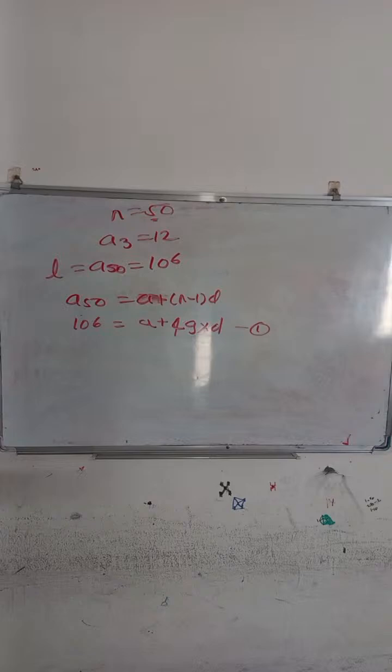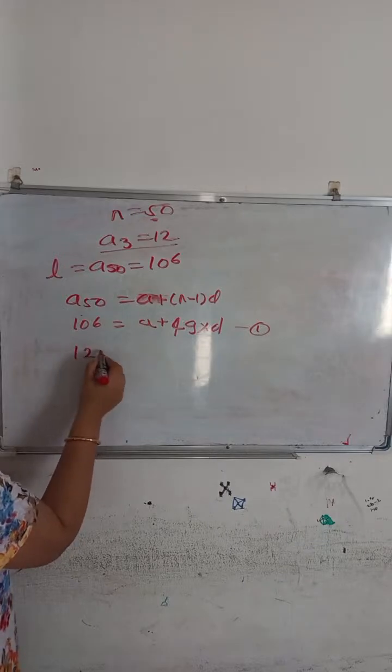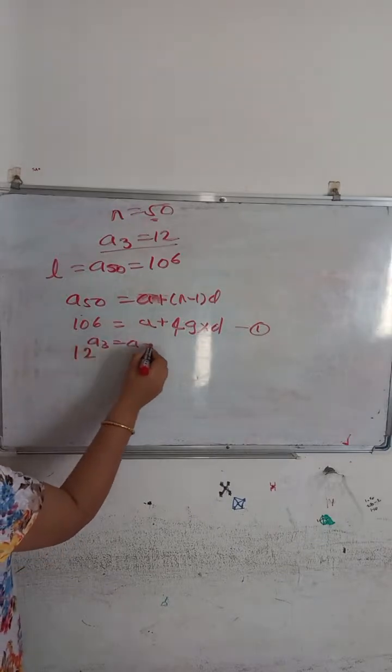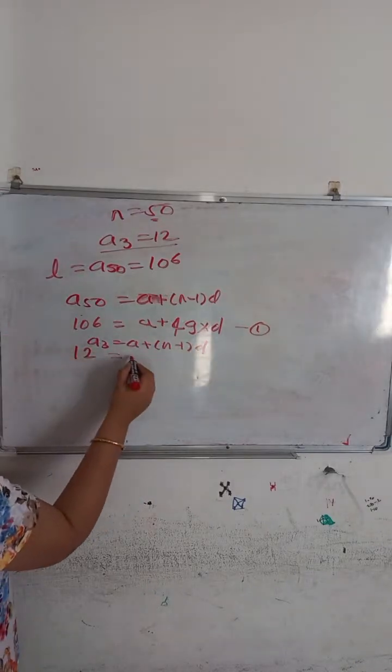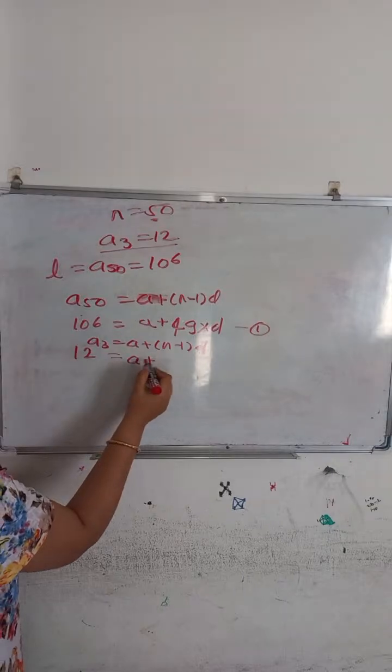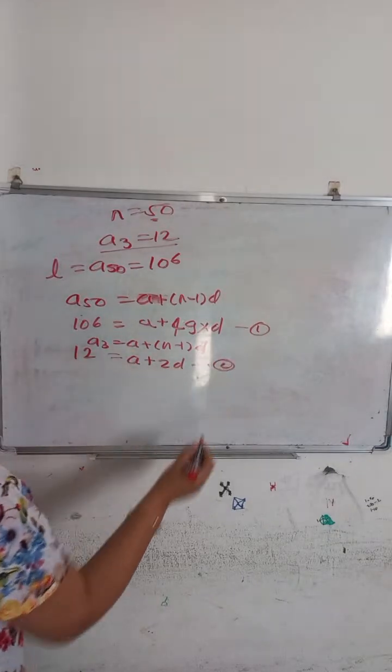Here we also know the third term. So a3 is equal to a plus n minus 1 into d. a3 is 12, a I don't know, n minus 1 is 3 minus 1, which is 2, so 2d. This is equation number 2.